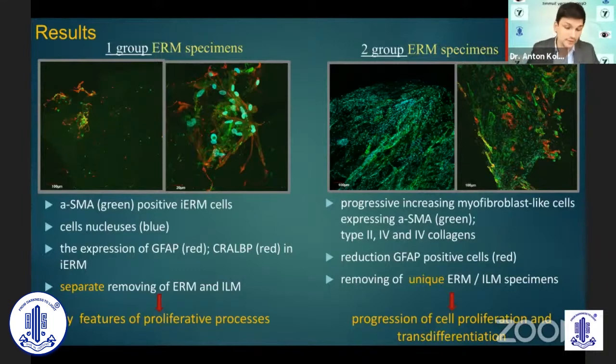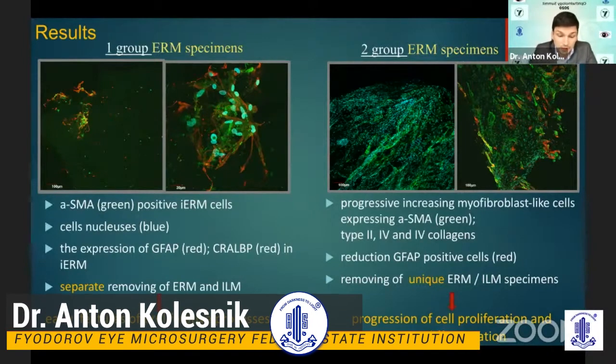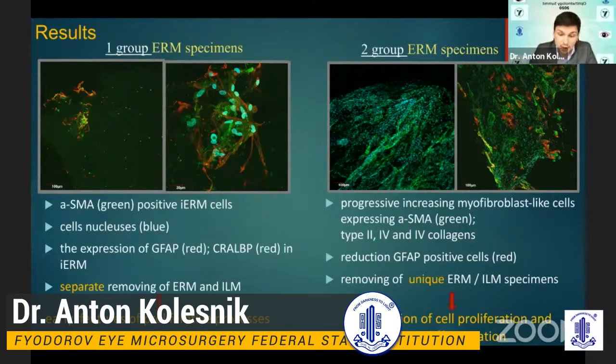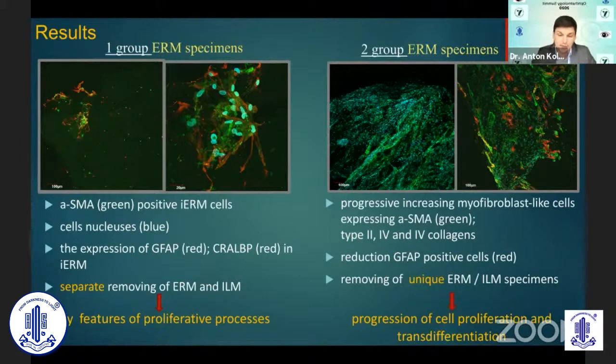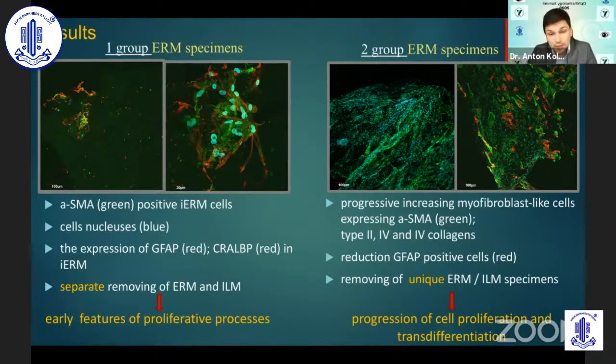They were retinal Müller cells and astrocytes transdifferentiated into a myofibroblast-like phenotype. They start to produce alpha smooth muscle actin and induce tissue contraction. And in this case, symptomatic patients start to complain of decreased visual acuity and metamorphopsia. As you can see, ERM and ILM specimens in this group were removed separately.